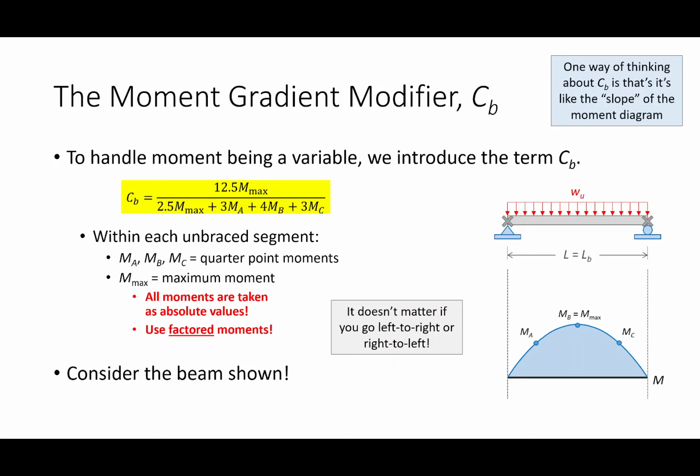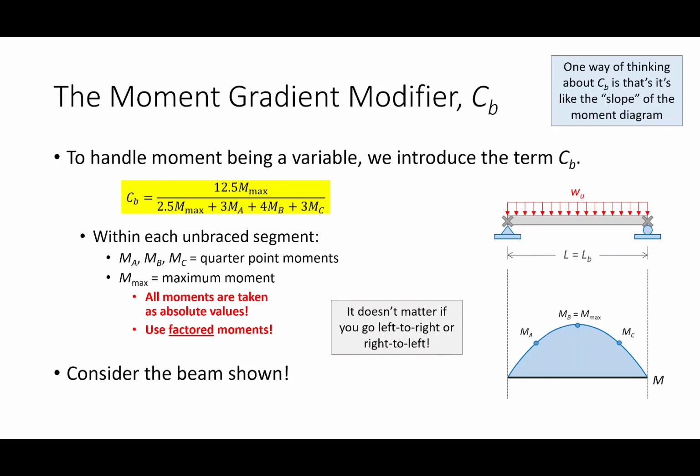What you do is that within a given unbraced segment, so let's say this is an unbraced segment, you split it up into quarter points. So if this segment is 20 foot long, take a value at every 5 foot, at 5 foot, 10 foot, 15 foot, and those are going to be your quarter point moments. So we'll call those MA, MB, and MC.